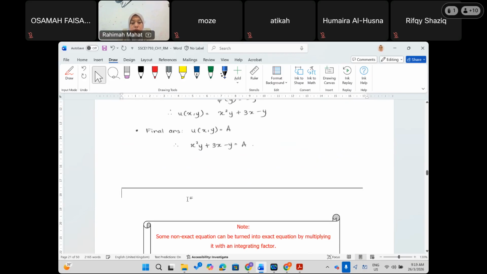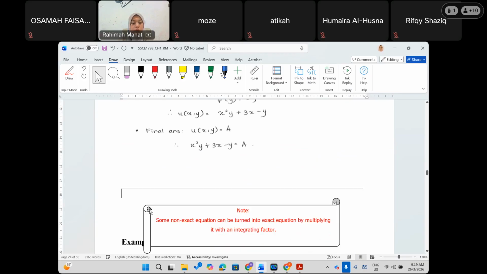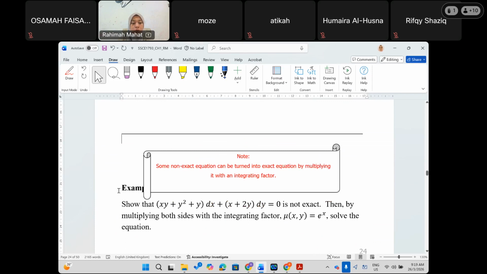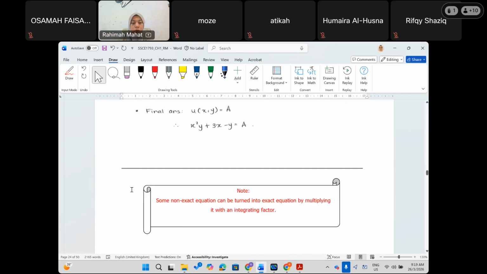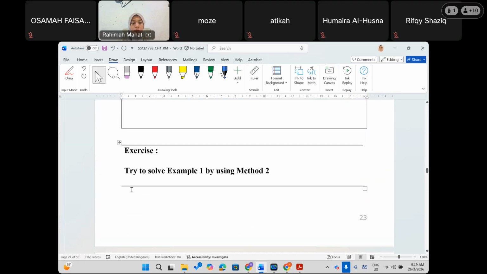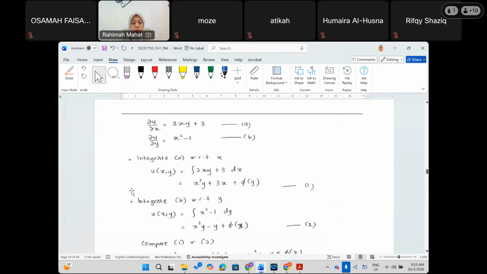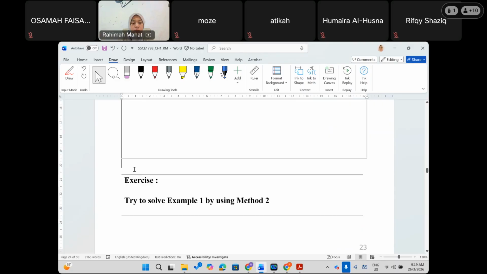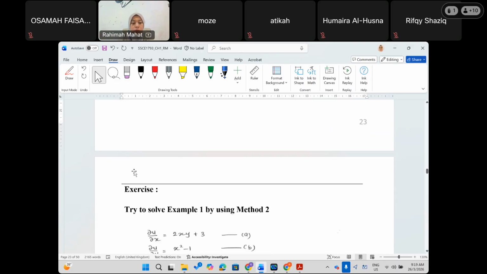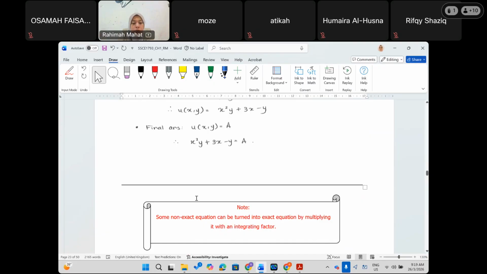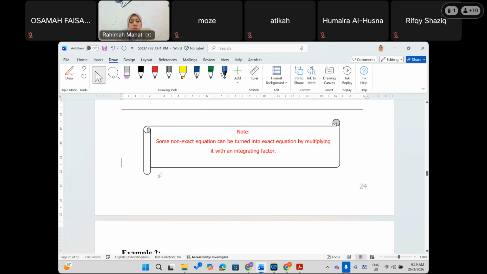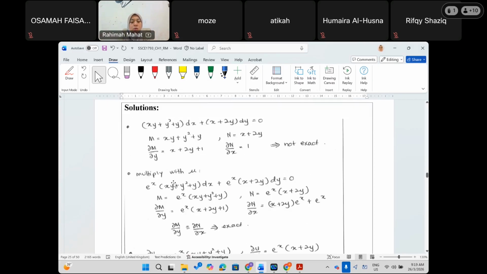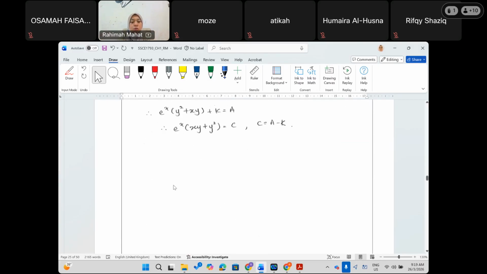This one is moving the words here. Boleh tak? Okay. The words moving here.